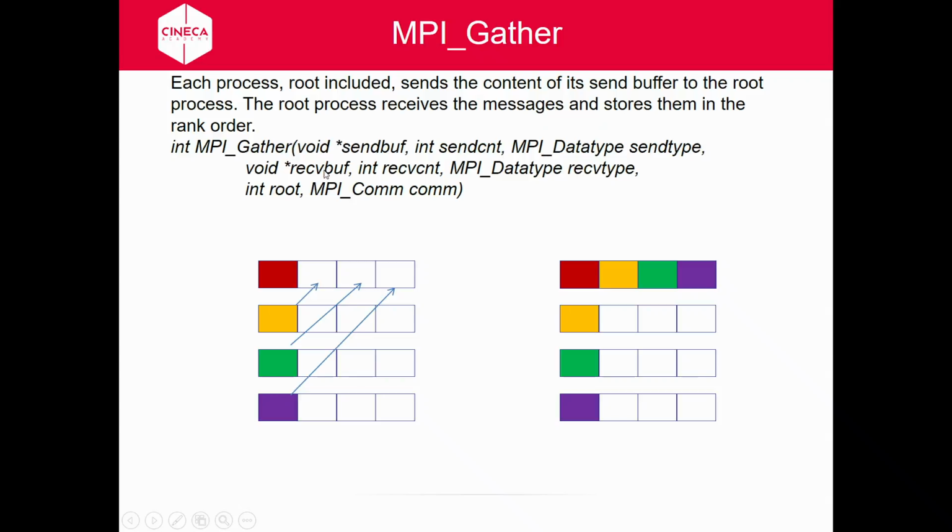the receive buffer. In this case I can put all this information in another buffer, but if I want, I can reuse the same buffer. For example, I can declare A with a dimension of 10 real elements, and then I can pass the first 2 elements for each processor to the same buffer.